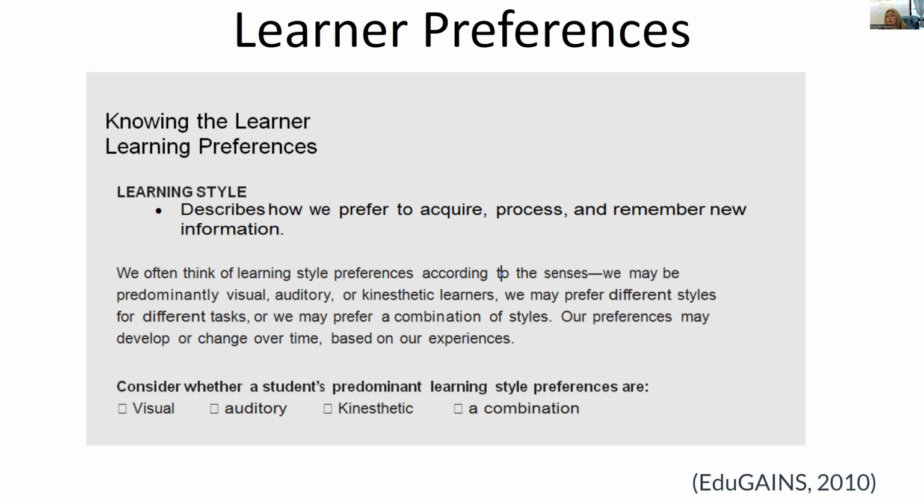Maybe they're kinesthetic, or they could be a combination of all of those things. There's another list out there with a much longer list of learning styles, like, are they more musical, mathematical? Do they like to write? Do they like to perform? These are all different things to think about when you're thinking about your students' learning styles and learning preferences.